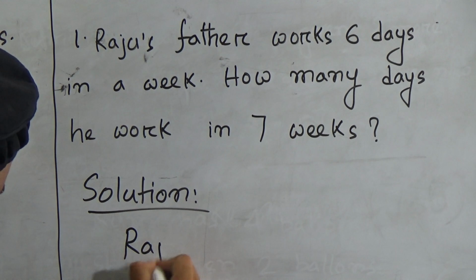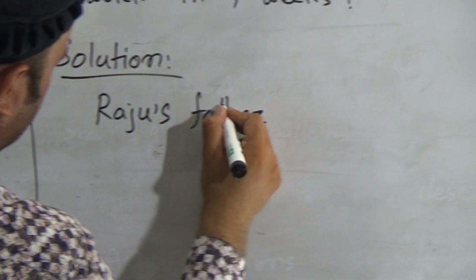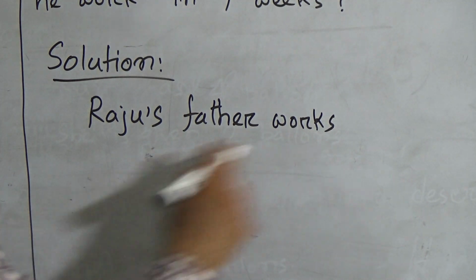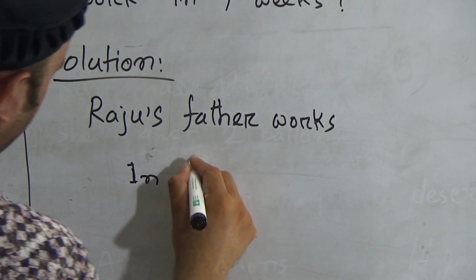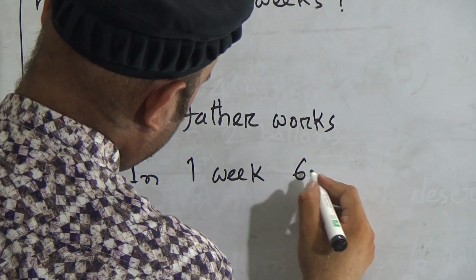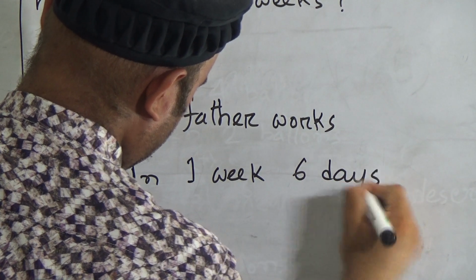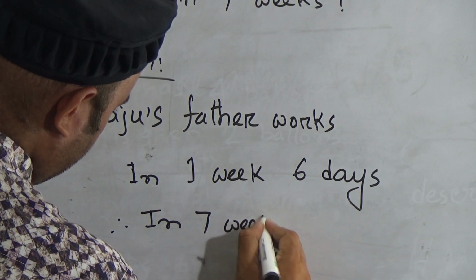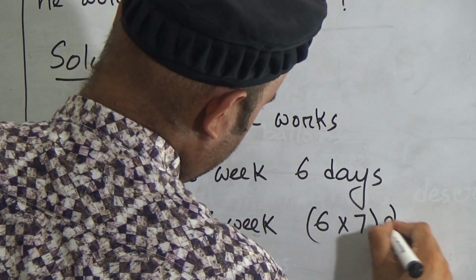We have to write: Raju's father works in 1 week 6 days. Therefore, in 7 weeks, 6 multiplied by 7 days.